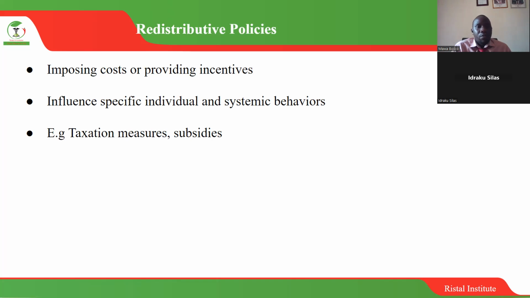For example, alcohol, cigarettes, those ones attract a tax. The tax is actually increased, okay, to make sure that they limit the importation, but also limit the people who consume these items, because if you don't have the money to buy, it means you're going to be on a safer path, especially for alcohol, for things like tobacco.